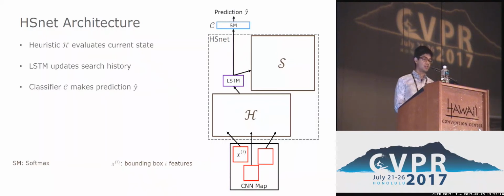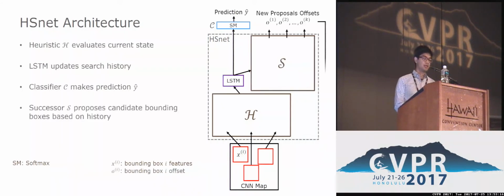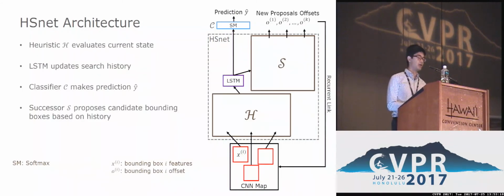The features from the LSTM are fed into a classifier, C, that makes the prediction at each iteration. And we have a successor, S, that proposes candidate bounding boxes based on the history the LSTM holds. These candidate bounding boxes are parameterized by offsets, so the next bounding boxes are just the current ones added to the offsets.